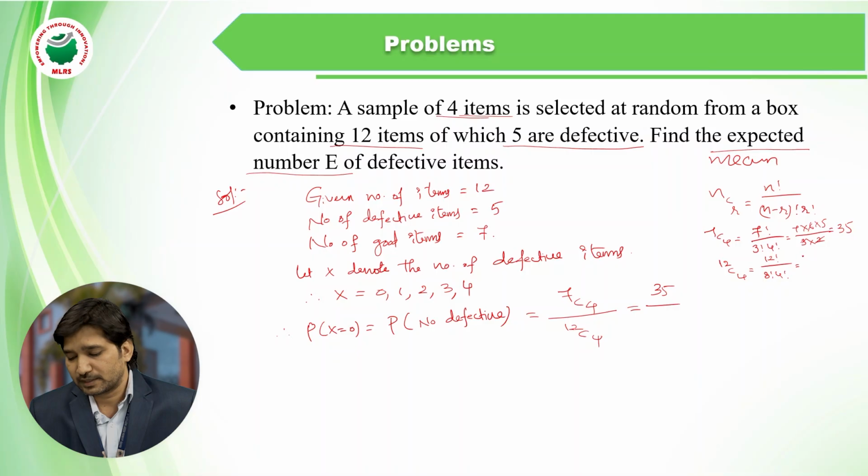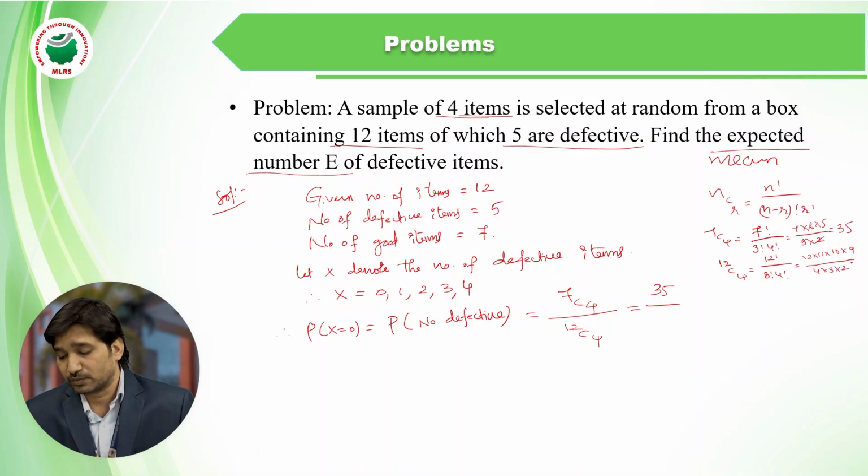This can be written as 12 into 11 into 10 into 9, with 8 factorial cancelled, and the remaining are 4 into 3 into 2. 4 ones are 4, 3 cancels, 2 ones are 2.